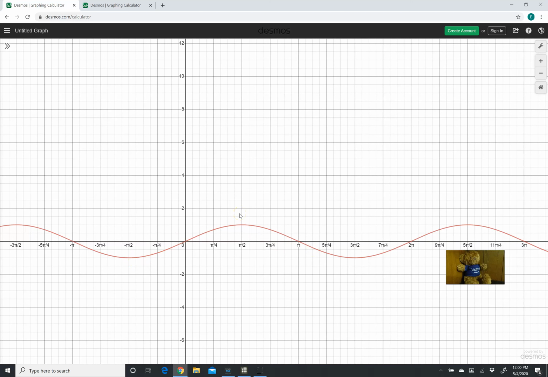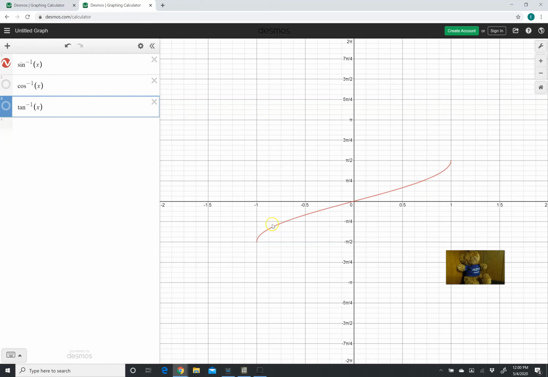And we're going to reflect that. From negative pi over 2 to pi over 2, it's a one-to-one function. It passes both the horizontal and the vertical line test. So we're reflecting this piece. Now notice, these graphs are easy to recognize because the x and the y values switch, so the labeling of the axes switches.